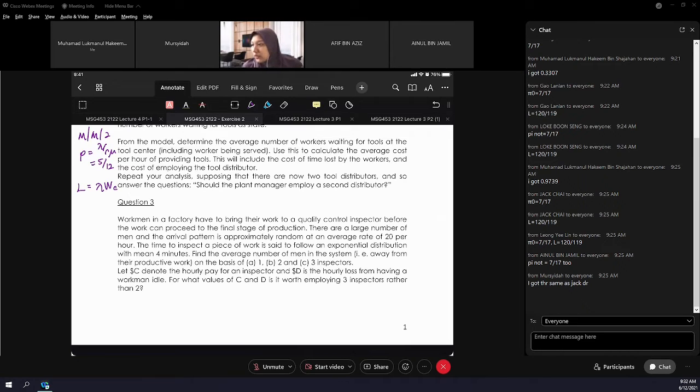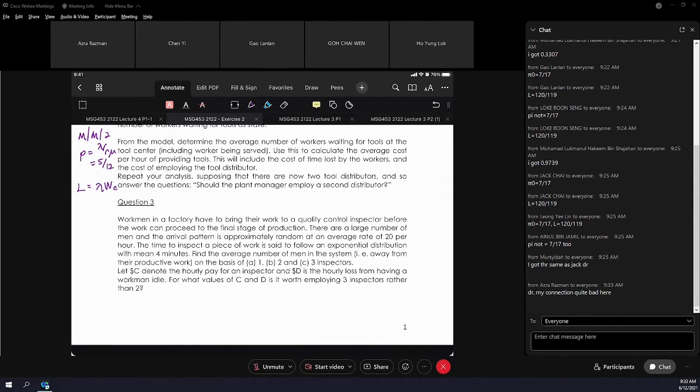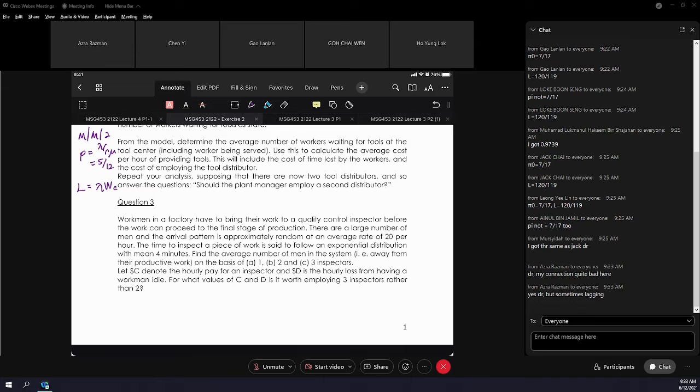For question A, when you have 1 inspector, does anyone want to volunteer? You can hear me, right? Can you hear me, Azra? You can just type your answer for question 3A. You don't have to share if your connection is bad. Can you share your answer in the chat box for question A?